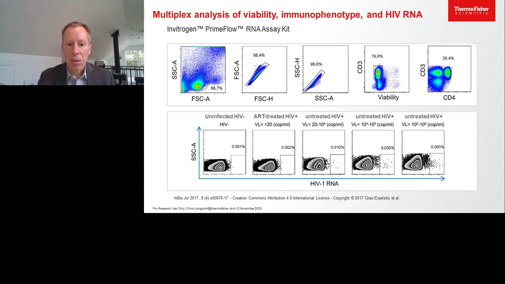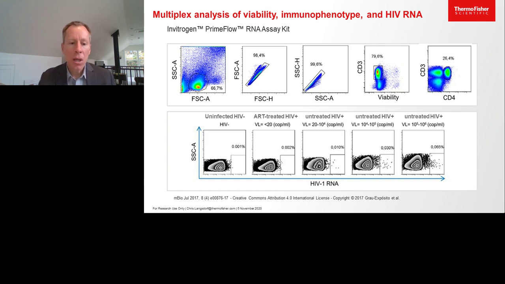And we can see in the bottom right of each of these density plots, we can identify a very small subset of our helper T cells that actually contain HIV-1 RNA. So now we're detecting a specific transcript unique to a given virus that's contained within a host cell. So not the total presence of the virus, but the presence of an individual RNA transcript.